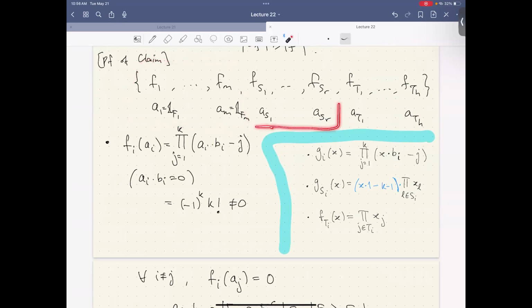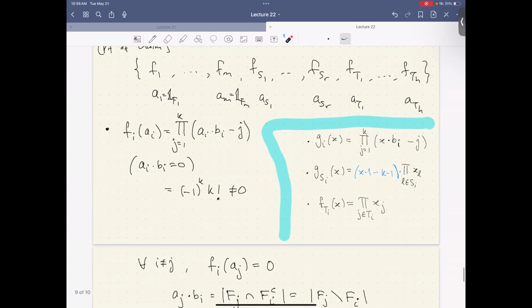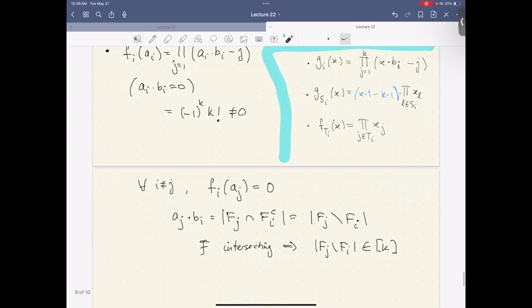Let's now move on to verify the second piece. Maybe I'll leave verifying the third one as an exercise. The third one is the easiest one. Let's check the second one. For the second piece, let's first verify the diagonal term is non-zero. Look at F_{Si}(A_{Si}). This is the diagonal term. What does it equal to? Look here. This is F_{Si}.